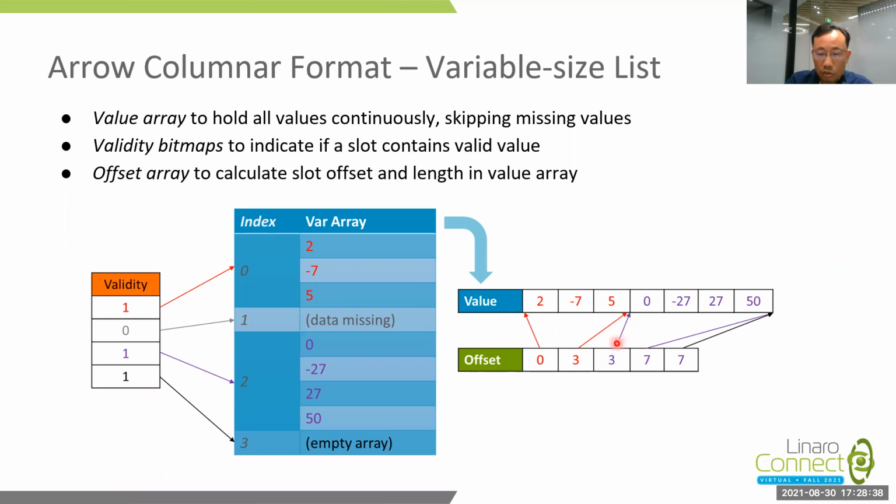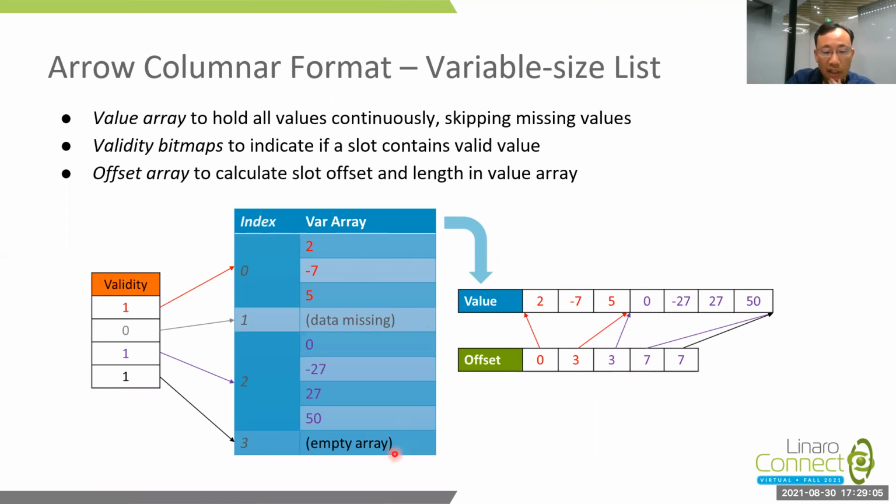So we use 0 and 3 as the index, and we can slice out the first 3 integers, 2, -7, and 5. This is the first subarray. And with 3 and 7, we can slice out these 4 integers.